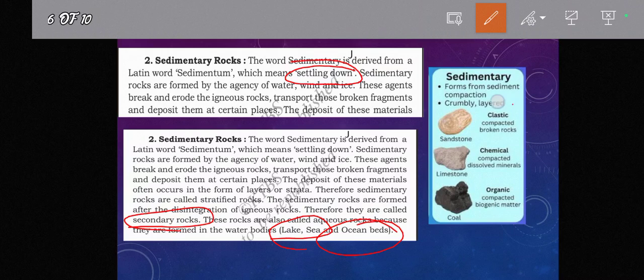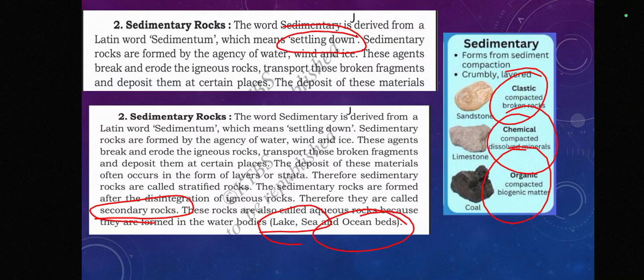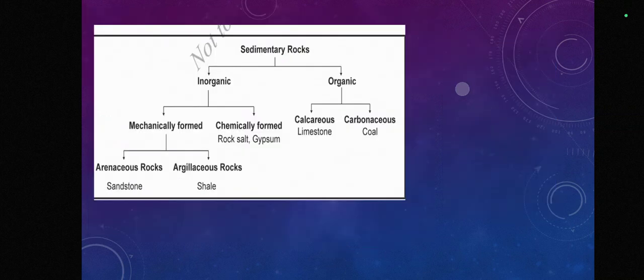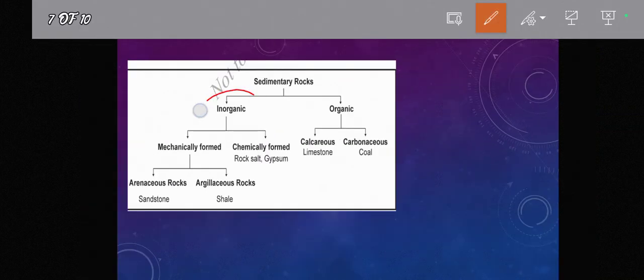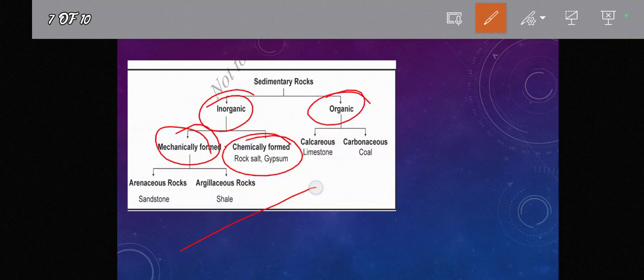There are clastic, chemical, and organic types. Sedimentary rock will not form immediately, but it will take some weathering action. Sedimentary rocks form mechanically, chemically, and organically.